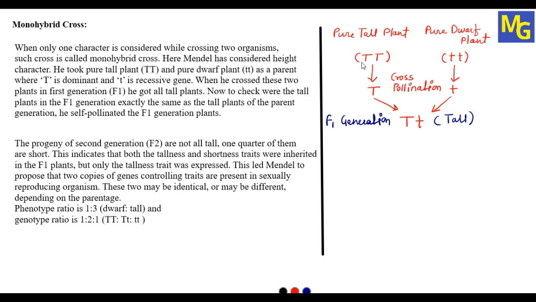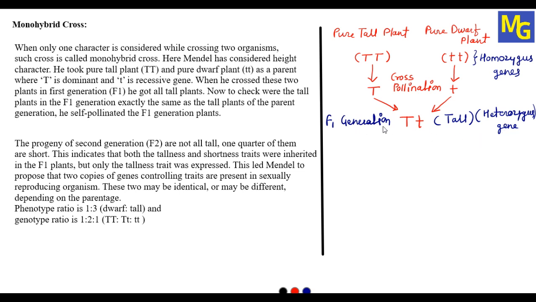Homo means same: capital T, capital T and small t, small t. These are called homozygous genes. And because this is capital T and small t, this we can say is a heterozygous gene. So this is homozygous, this is heterozygous.